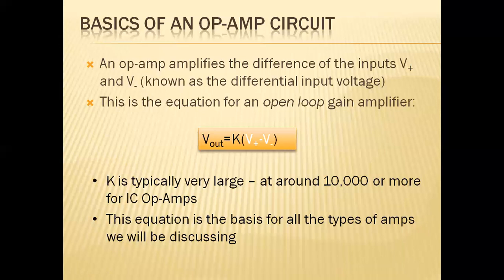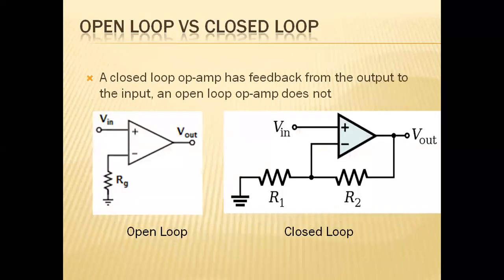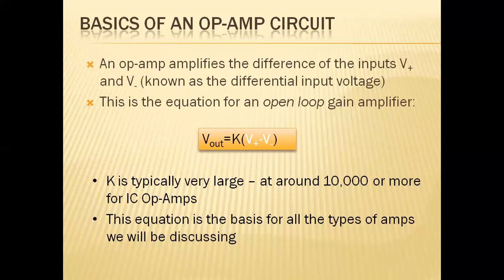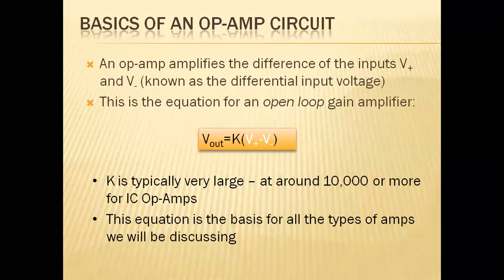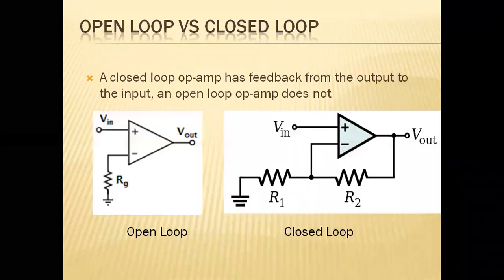So this is the equation that is the basis for all the types of amplifiers that we will be discussing. This is the basic parameter to be identified, around 10,000, and K is typically very high in the case of an integrated circuit. It is a combination of different components of electrical circuits.